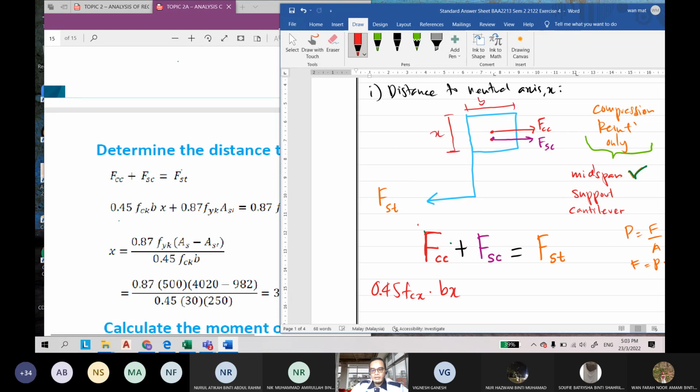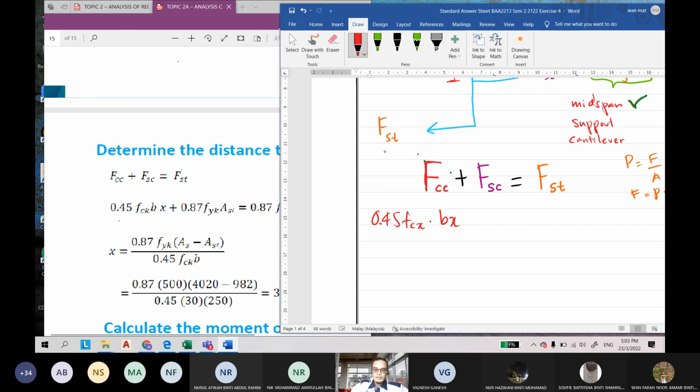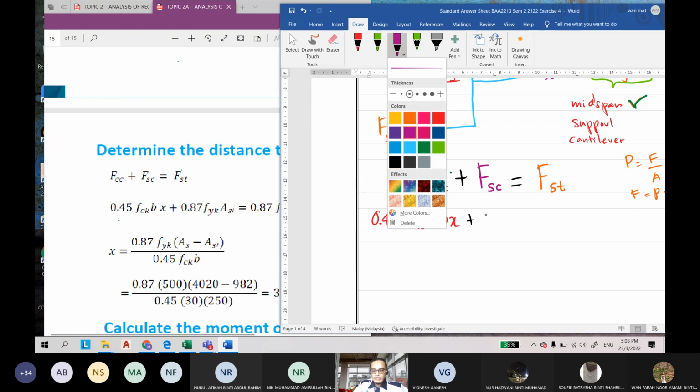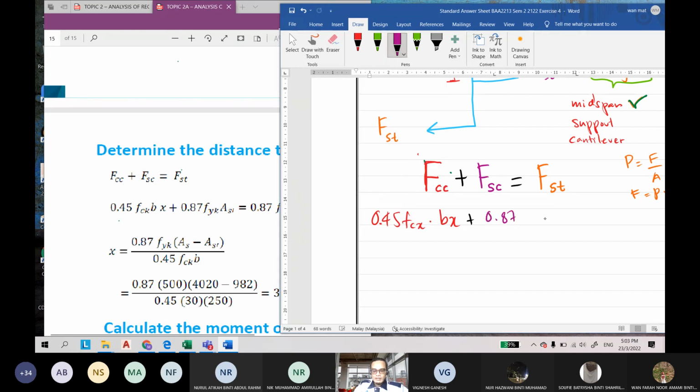Then plus Fsc is equal to 0.87 fyk, which is the stress, and then the area is the area of steel As prime for compression.